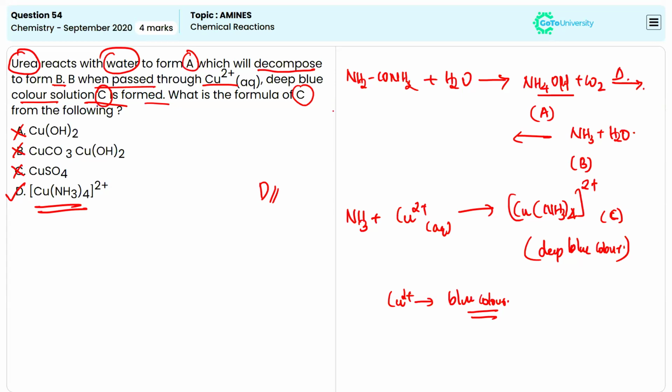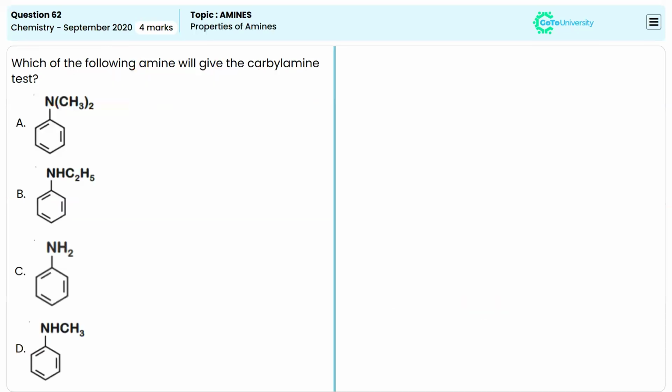So this equation is important, and the structure of this complex is also important. Okay. Now the next question. Which of the following amines will give the carbylamine test? So first of all, we have to know what is the carbylamine test.